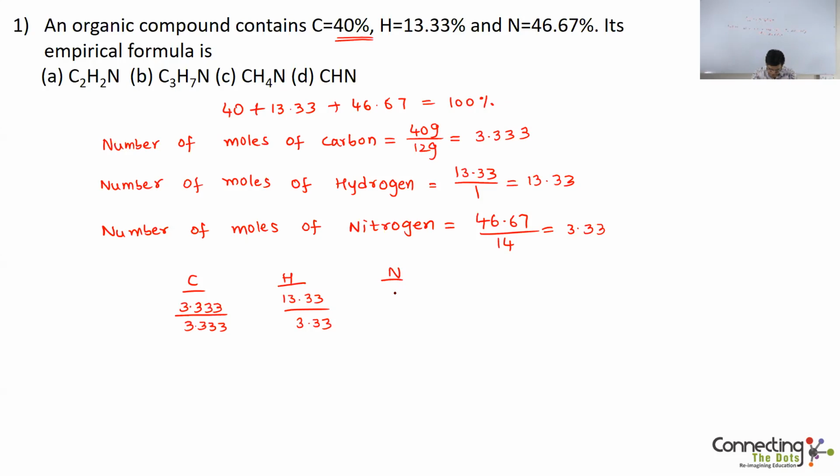And if you calculate 13.33 divided by 3.33, it's coming to approximately 4. So now from this we can find the simplest ratio, which is nothing but C1, H4, and N1. So this will be the empirical formula.